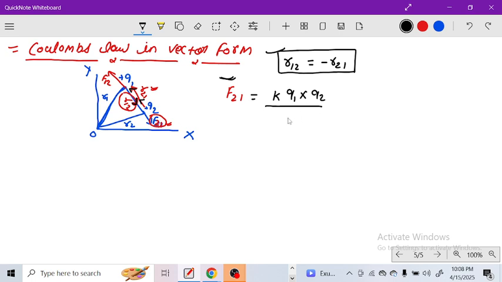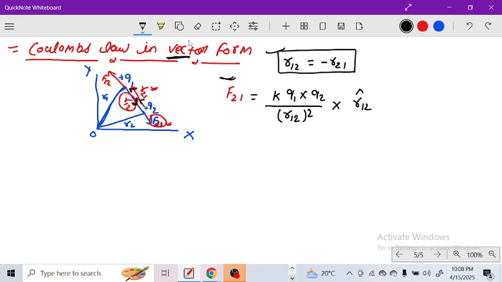Okay, so here I can write R12 square. Yes, sir. Here I am writing in vector form, so I have to take one unit vector, which is r12 unit vector, whose value is 1. Understood?